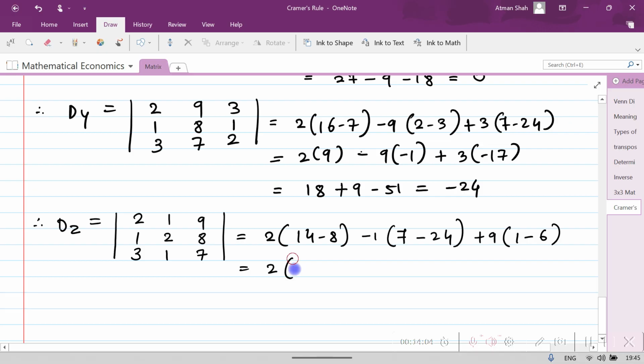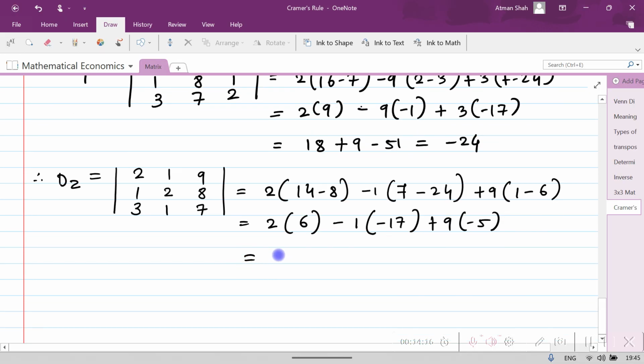So it is 2 into 6, minus 1 into minus 17, plus 9 into minus 5. So therefore this is equal to 12 plus 17 minus 45, which is equal to minus 16.